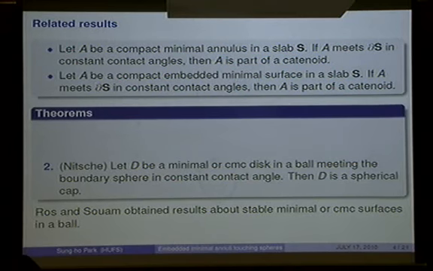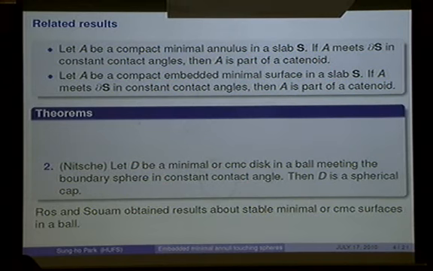And the second result is this. If A is a compact embedded minimal surface in a slab and the contact angle is also constant, then A is part of a catenoid. This second result can be proved by using the Alexandrov reflection argument.